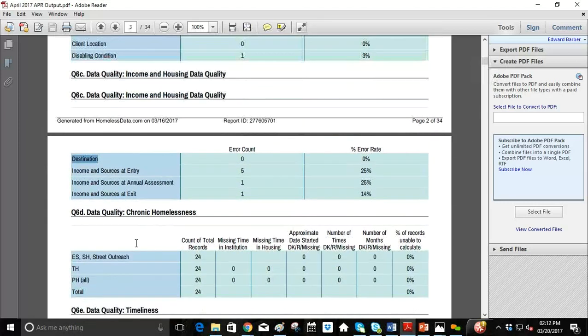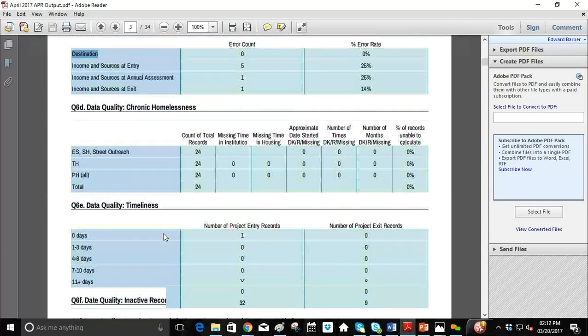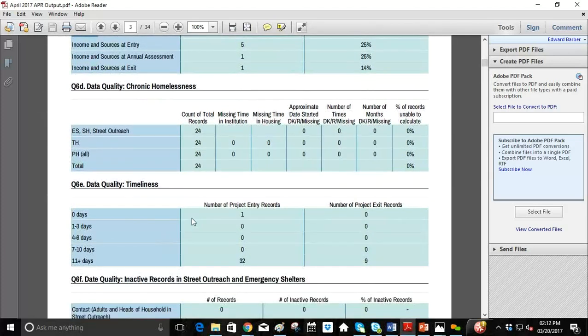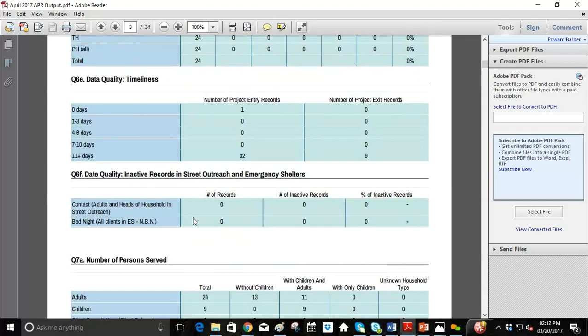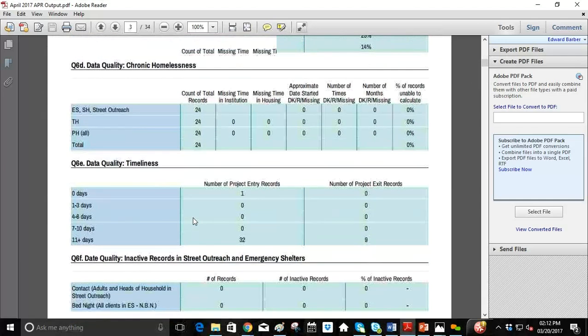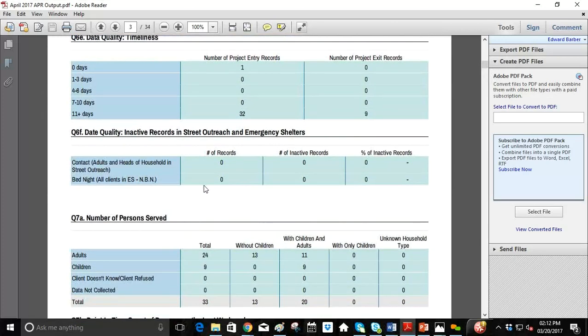So again, just going through this, all these data quality sections, data quality on chronic homeless, data quality on timeliness, inactive records, so quite extensive that they want us to be working on data quality.